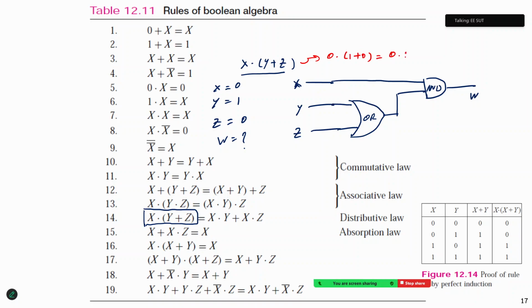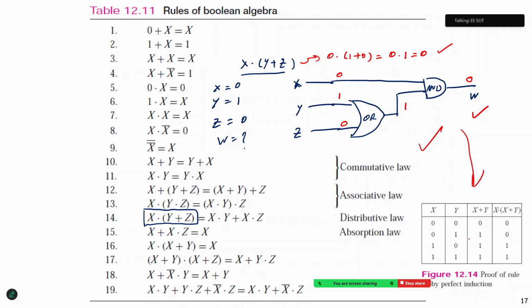And 0 AND 1 will be 0. So from the circuit, if Y is 1, C is 0, and X is 0, the signal out here is 1, and 1 AND 0 together, we get 0 output, right? So you can solve with the formula, or you can solve with this circuit as well, or you can form this truth table to see what happened, right?